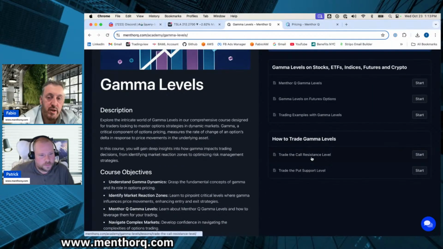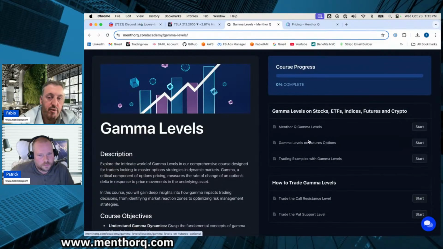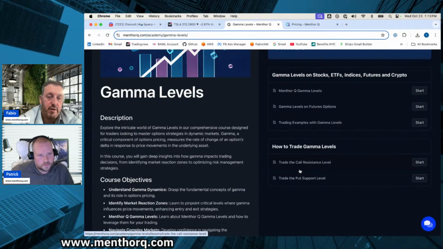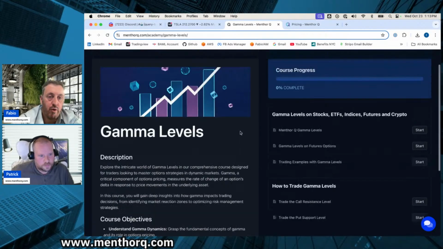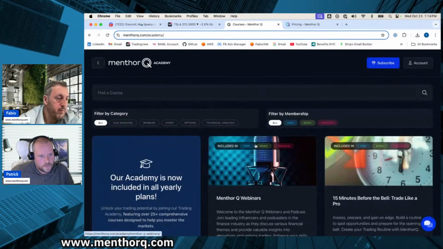Yesterday we did the put support with the call resistance. The video from today will be there. But we also have how the gamma levels work, so this will give you a lot of information on how to use them. And then obviously we spend time going through each single level every day so that you can learn, okay, when I see a chart, I know exactly what that represents.